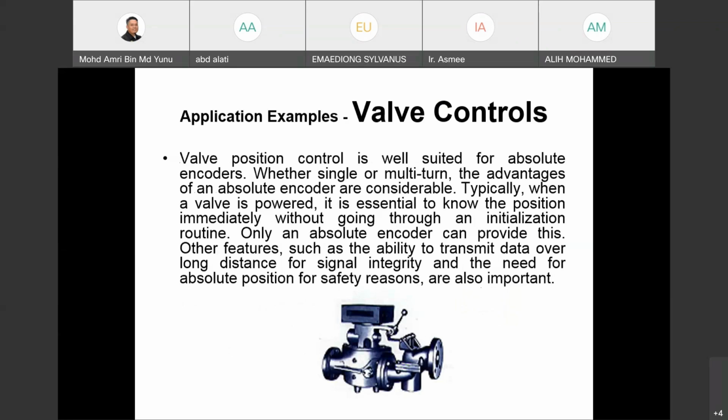And in valve control also, where we need to precisely control the opening percentage, the valve controller may send a signal to the motor. The motor will move according to the feedback output from the encoder.